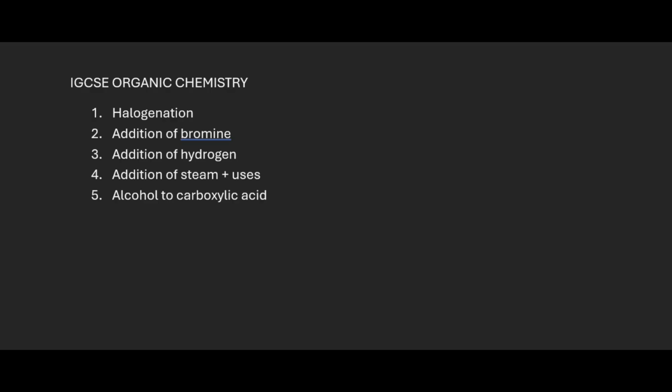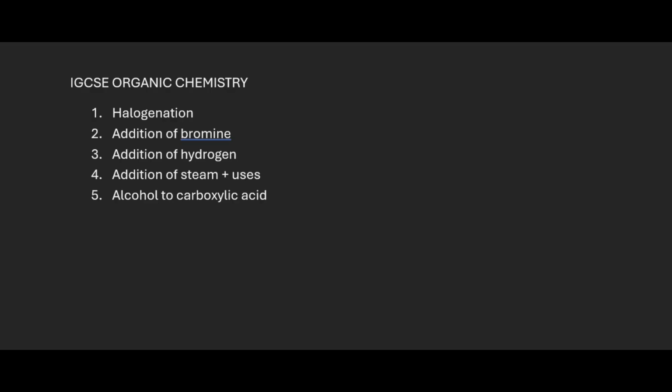Okay, next we have addition of steam. This is basically known as hydration. So for this reaction, let's use ethene again. If we add water to it, but in this case that water, H2O, is going to be a gas because it is steam.